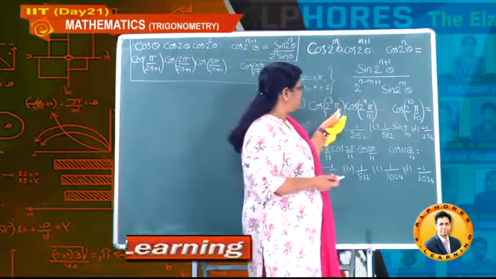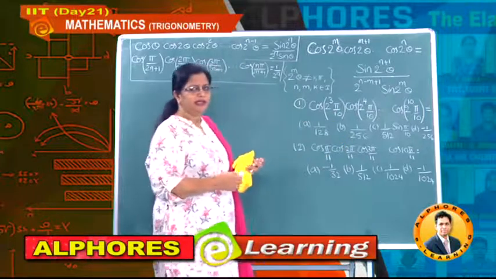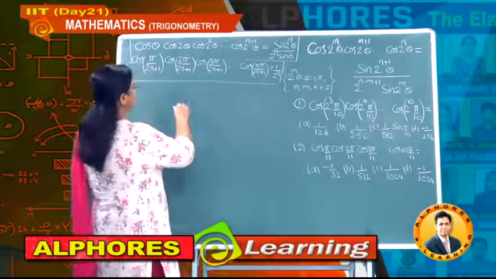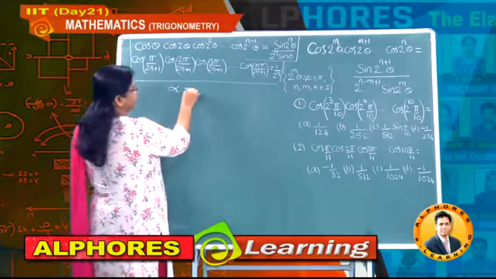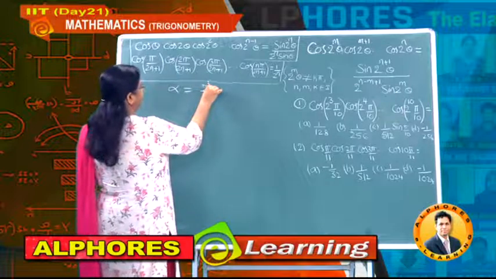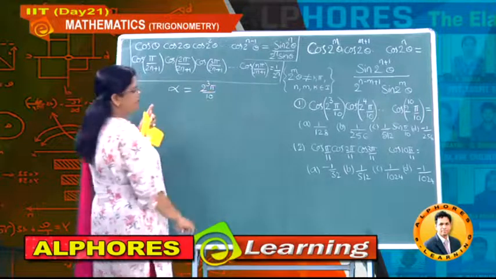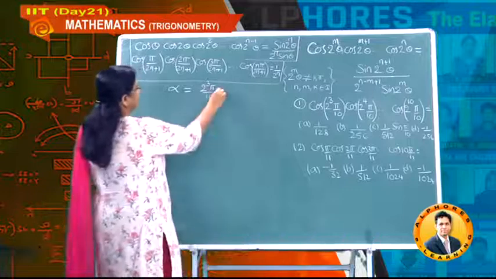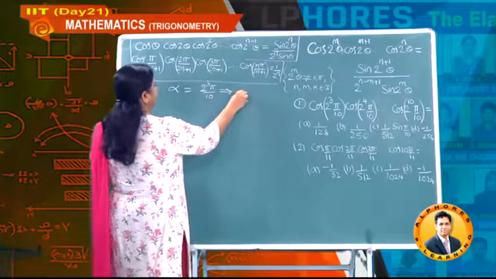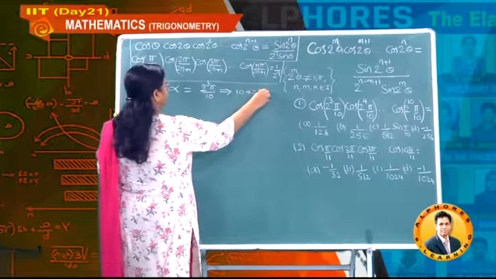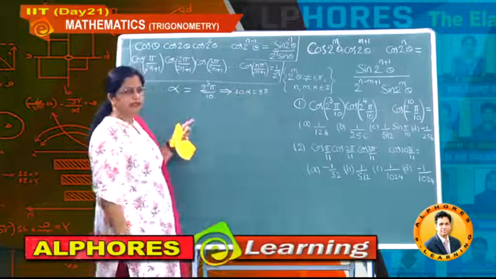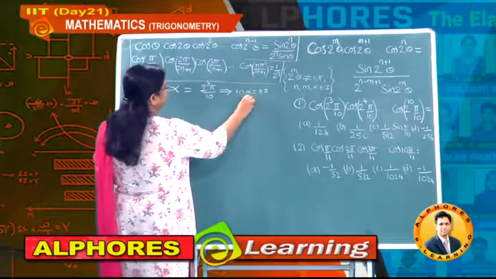The least among all these angles I take as alpha. That means alpha equals 2 cube pi divided by 10. Then this implies 10 alpha equals 8 pi. If you cancel, it is 5 alpha equals 4 pi.